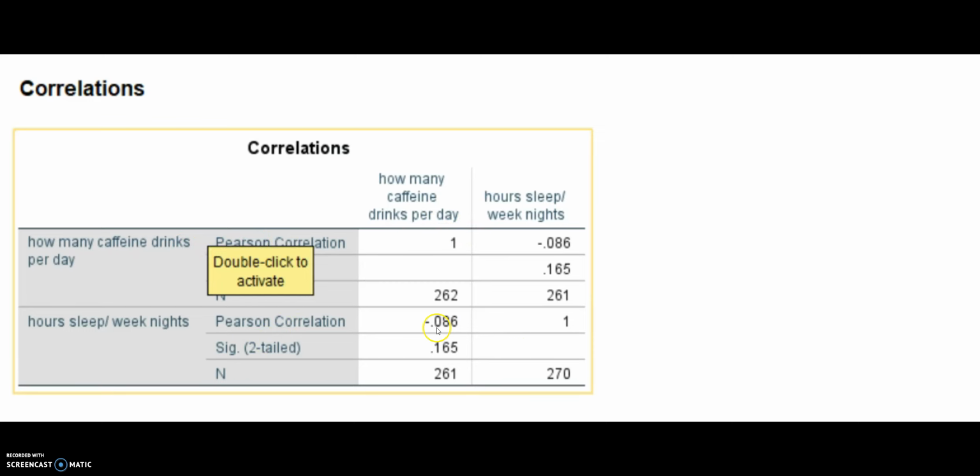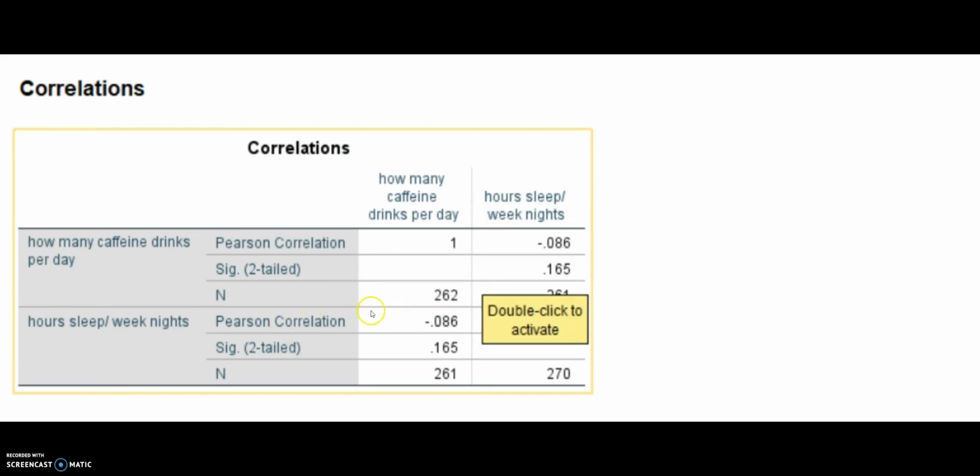What we want to look at here are your correlation coefficients right here, which will give us that relationship, whether, depending on the range, it's strong or weak. Here it looks like there's a negative correlation.